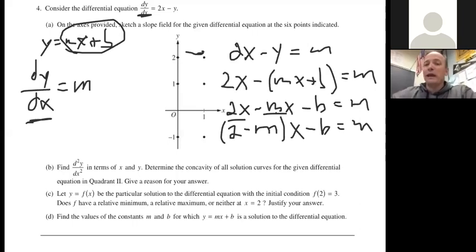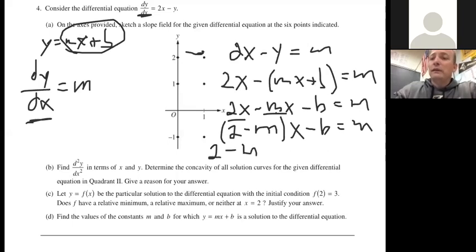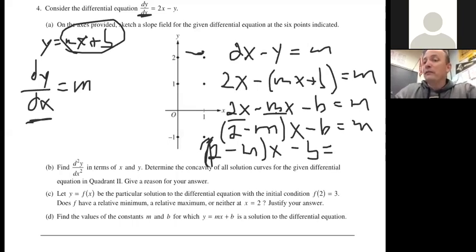So what I'm going to do now is leave the left side the same, and write the right side to look like it too, so that's still (2 minus m) times x minus b, that is in slope-intercept form, because 2 minus m is the slope of that. And then I can put this side over here in the same form by making it 0x plus m.